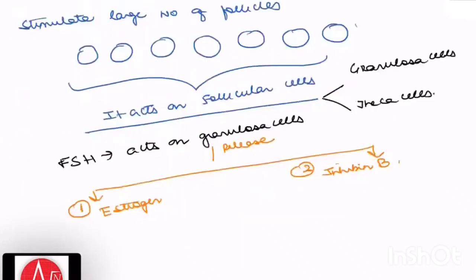Now, ये जो inhibin निकला, कहीं पर भी जब inhibin निकलता है, whether वो male में निकले, whether वो female में निकले, whenever inhibin is released, इसका एक ही function होता है कि it has a negative feedback on FSH, right?